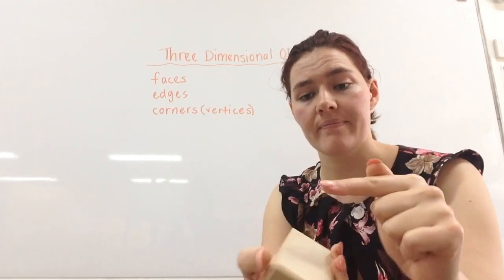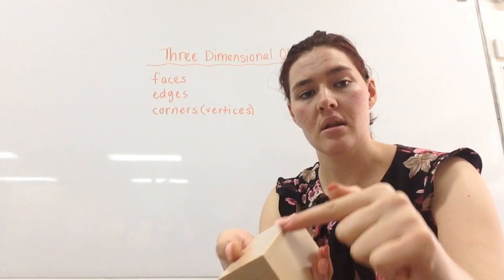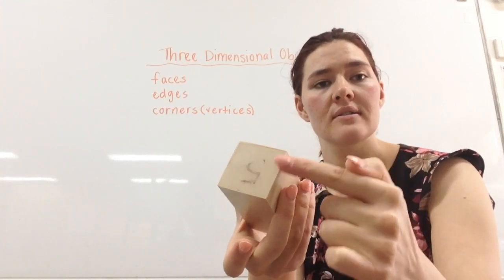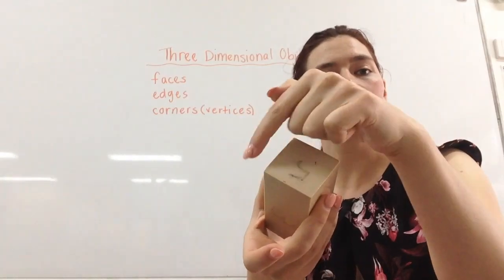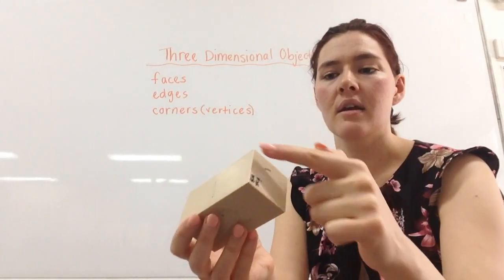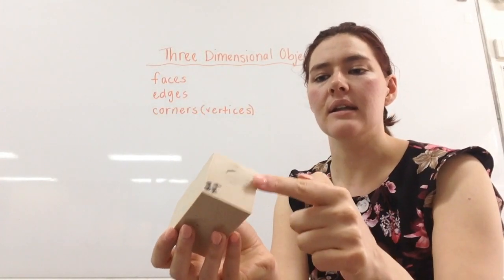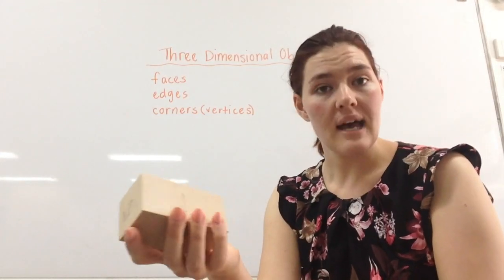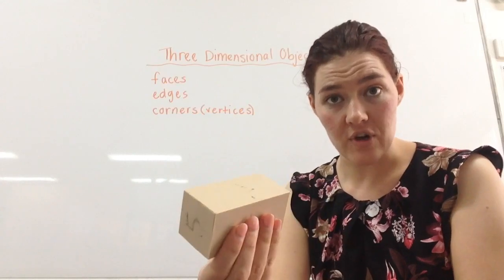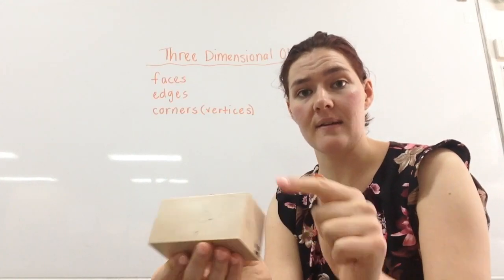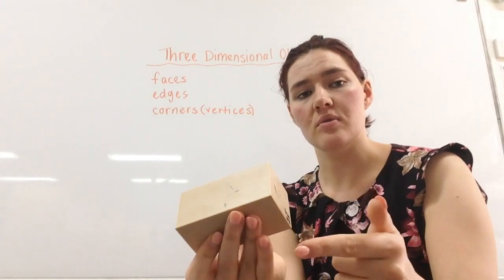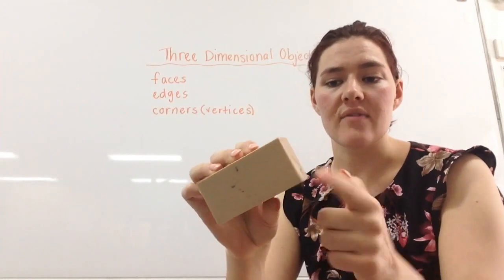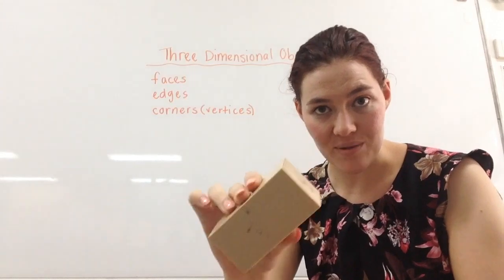It has 1, 2, 3, 4, 5, 6, 7, 8, 9, 10, 11, 12 edges on it. The last thing is the amount of corners or vertices, which are these points here. There are 1, 2, 3, 4, 5, 6, 7, 8 on this rectangular prism.